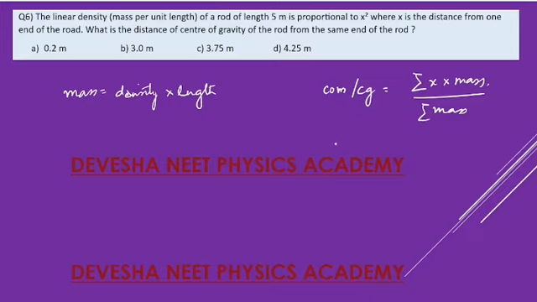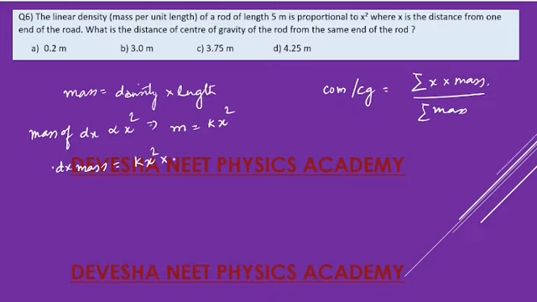So now mass of dx is given that it is proportional to x square, so I can write that mass is equal to k x square. So what is the mass of dx? Mass of dx is equal to k into x square dx.